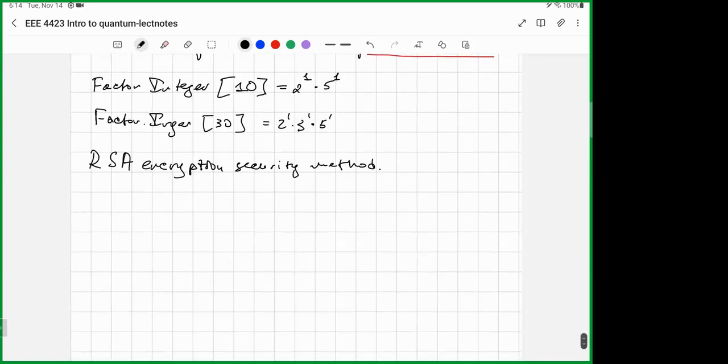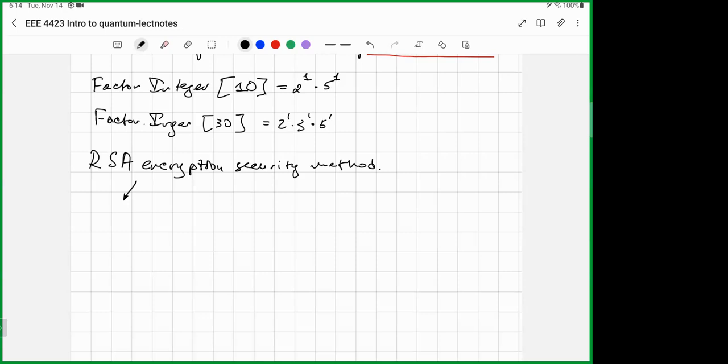So in the RSA security method, there are various approaches. Here is the simplest one. You generate two sufficiently long prime numbers.